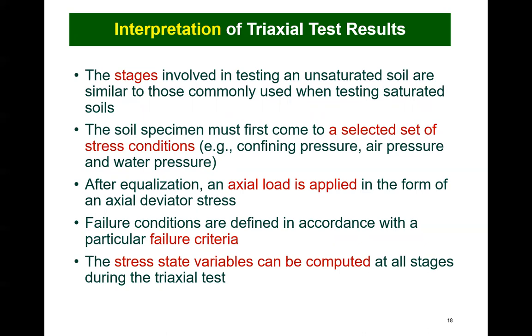After equalization of the pressures, an axial deviator stress is applied. Failure conditions are defined in accordance with a selected failure criteria. The stress state variables can be computed at all stages during the shear strength test.